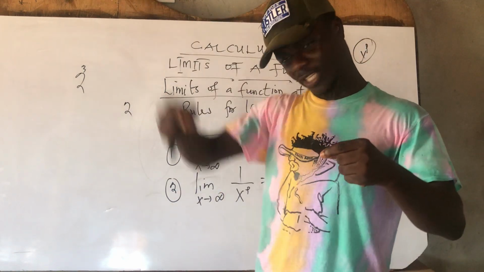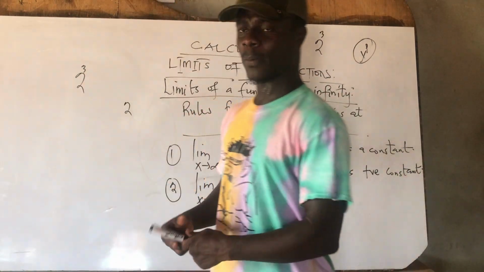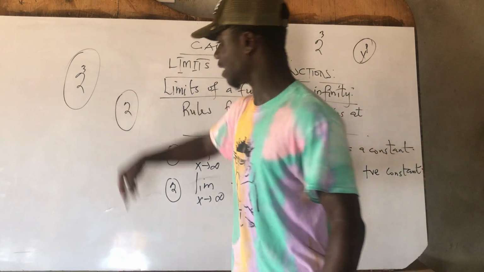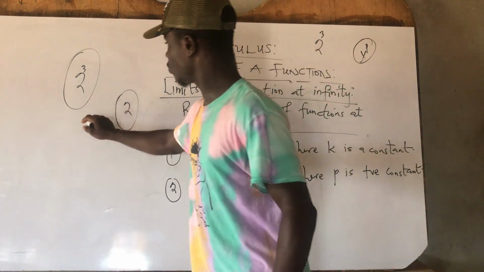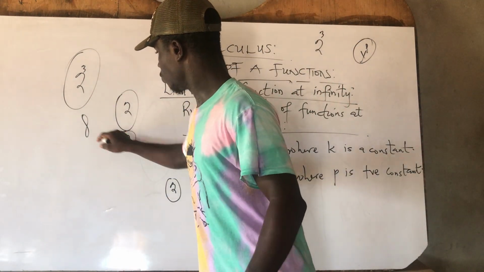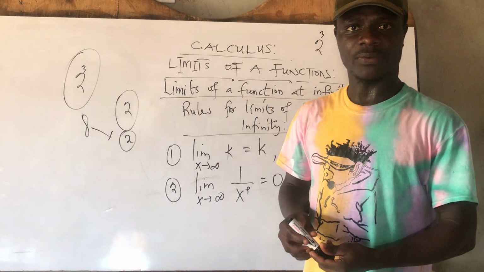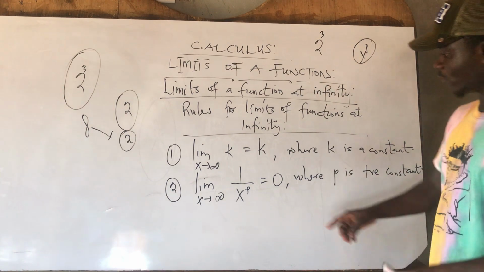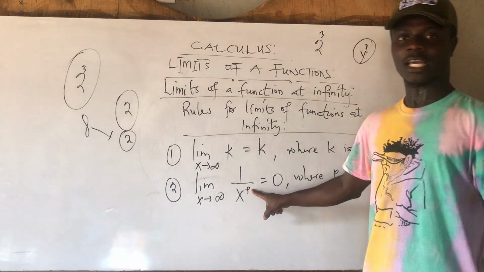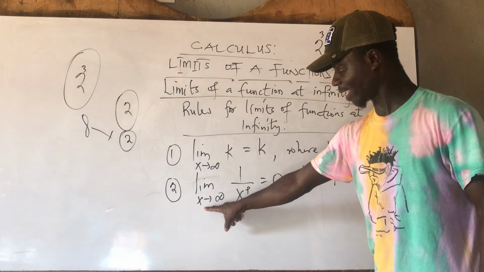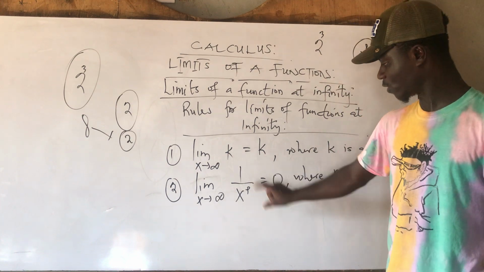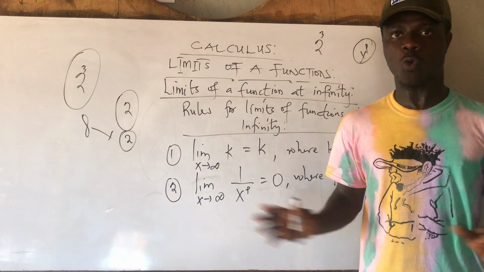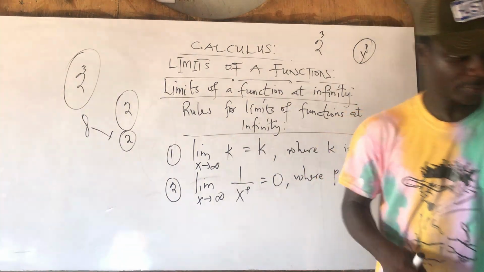Which one will approach infinity? It's 2 to the power 3, because this one tends to a larger number and this one tends to a smaller number. So this one will be 8, then this one will be 2. This one is greater than that. Right. So as you take the limit of this function 1 over x exponent p as x approaches infinity, the whole function will tend to 0.